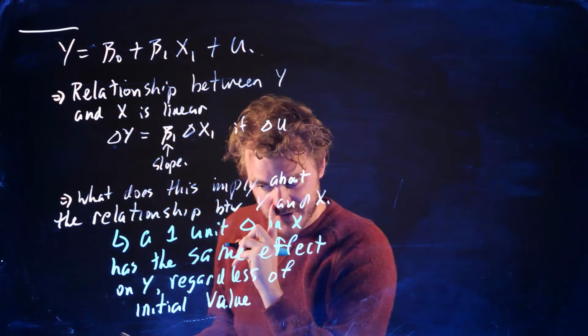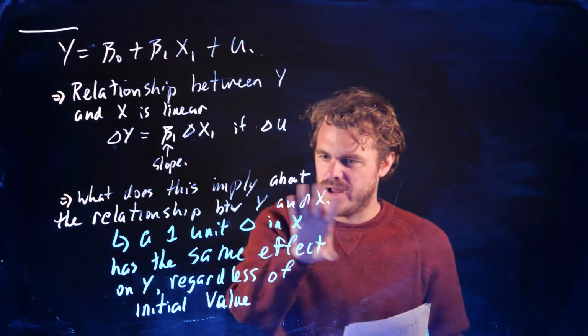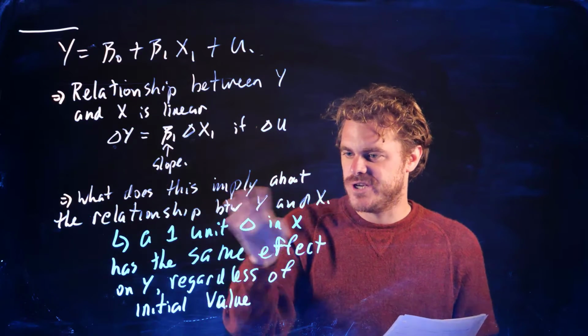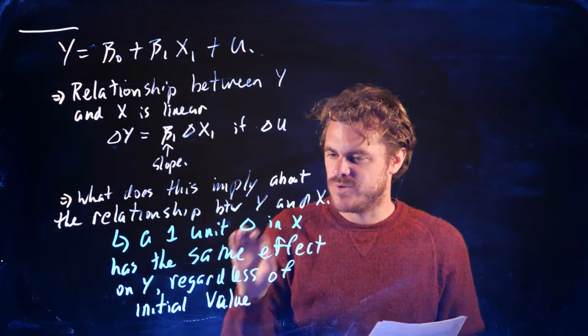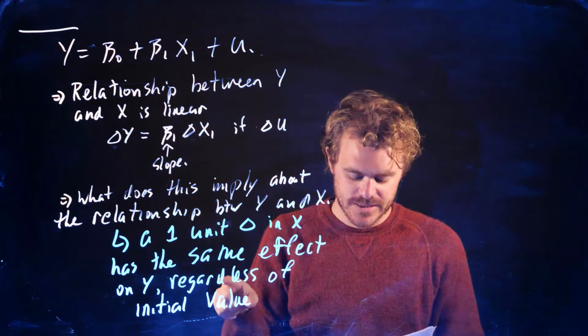Hopefully that's still on the screen for you guys. So it's implying that the relationship is linear. A 1 unit change in x has the same effect on y, regardless of the initial value.